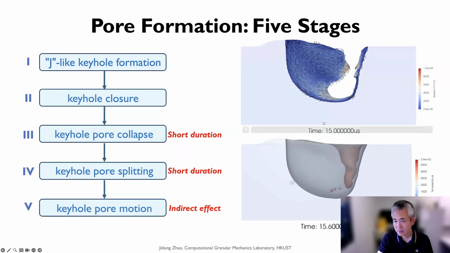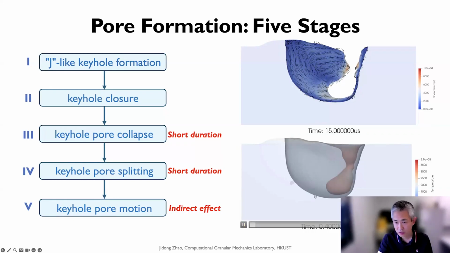Typically the whole keyhole dynamics process is quite long, and the keyhole closure also has a relatively long duration. But the collapse, the splitting and the motion, their time is quite short.